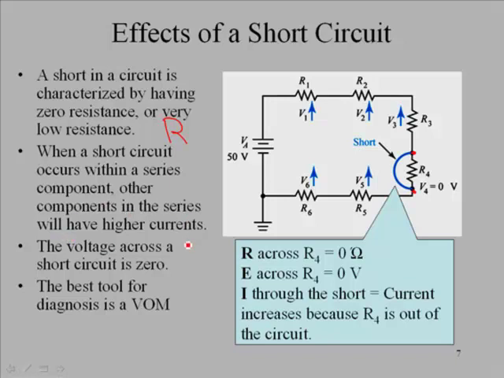Okay, so in this entire circuit, maybe I'll put an RT here for the total resistance. Now remember that current equals voltage divided by resistance, right? And now if this component shorts, then the total resistance is going to decrease, and so the current in the circuit will increase.